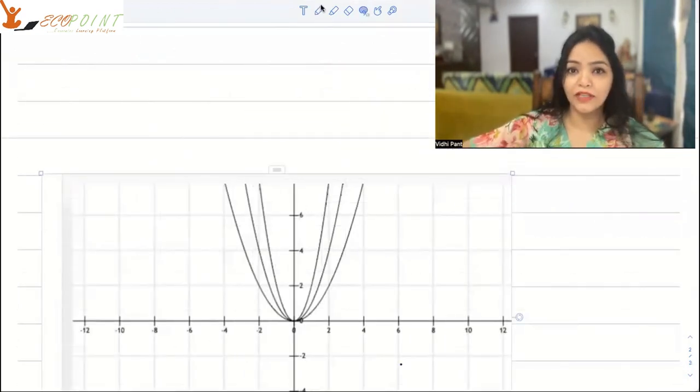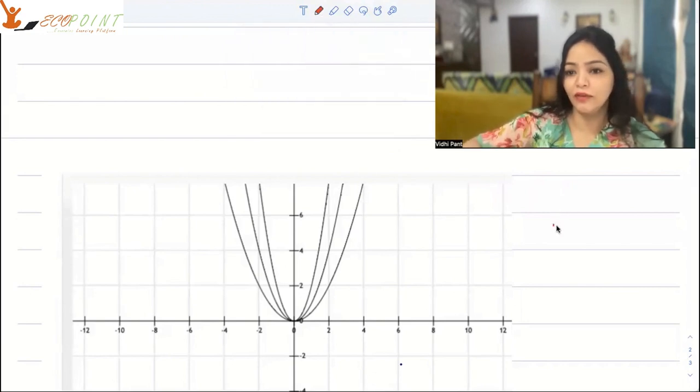In this graph, I've taken into consideration all the 3 graphs. y equals half of x squared means each y value is getting multiplied by half. This, my friends, will be the graph for it.